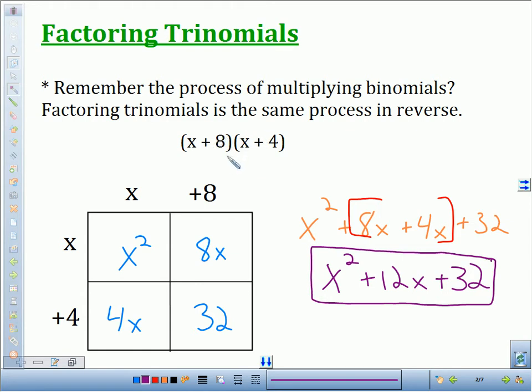Now we've done this before, and when we talk about factoring trinomials, we're looking at this idea backwards. So we would start with the trinomial x squared plus 12x plus 32 and want to end up with the factors x plus 8 times x plus 4. And let's see how that works.